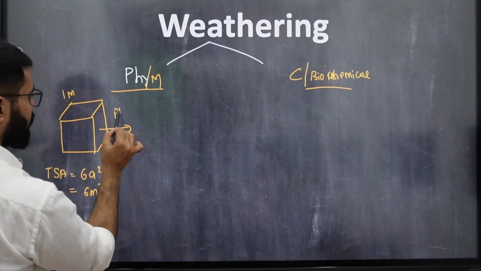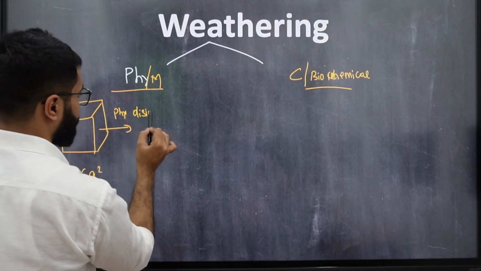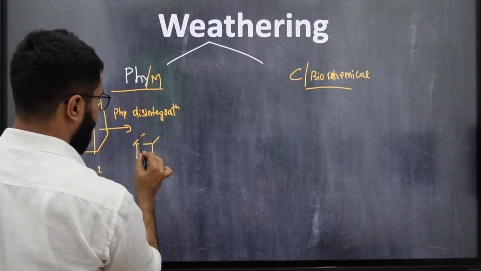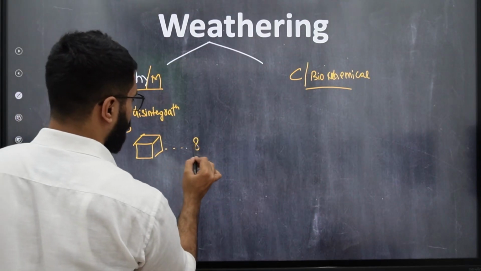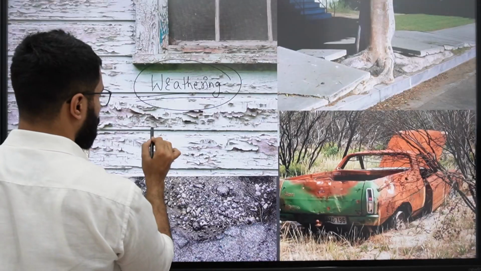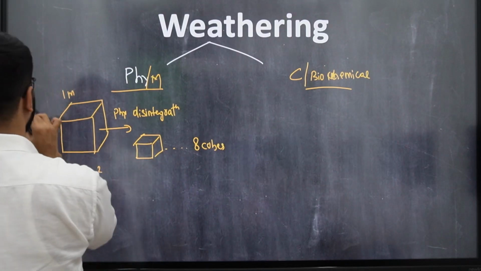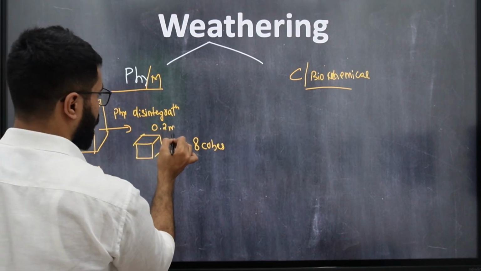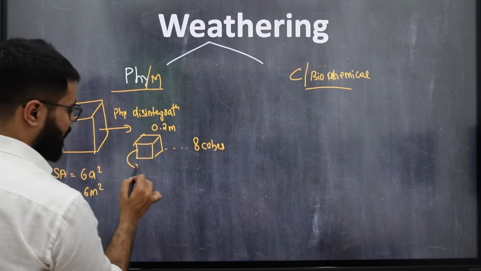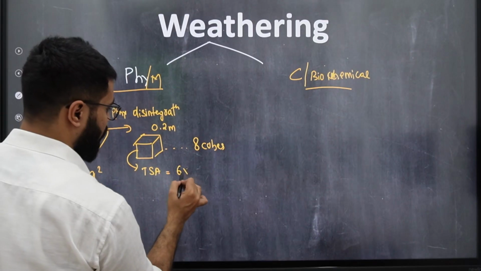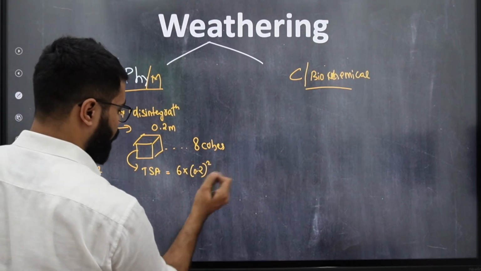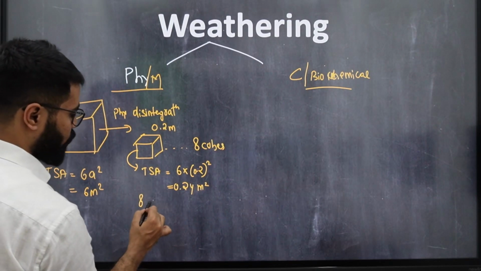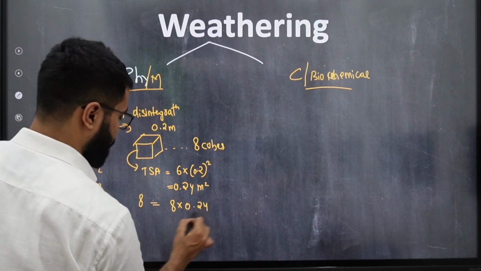After this physical weathering, that is the physical disintegration, let us say, for example, we have generated 8 cubes, each of 0.2 meters.